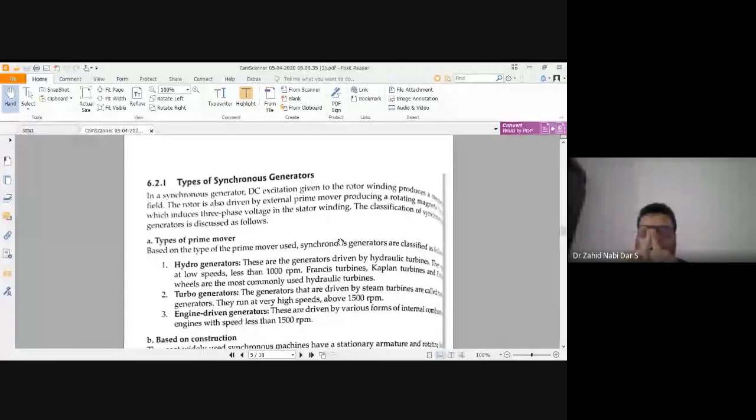See, ns is equal to 120 f by p. Synchronous speed ns is 120 f by p. So 120 into 50, since frequency is constant at 50 Hz in India, gives you 6000 divided by p. If p is less, your synchronous speed is more. So remember, in turbo generators the number of poles is less. That is one important criterion.